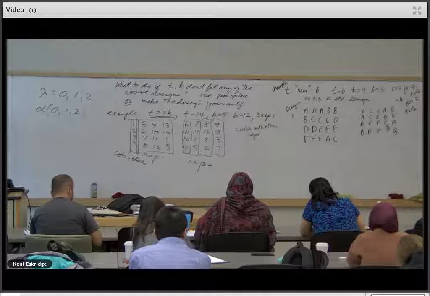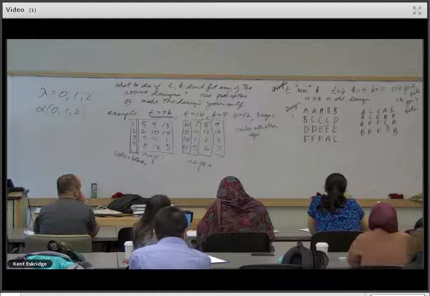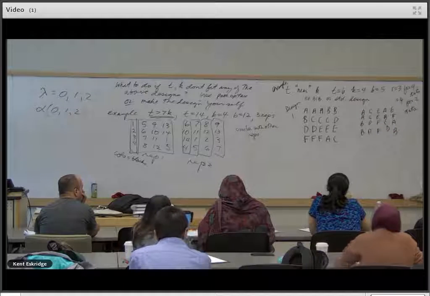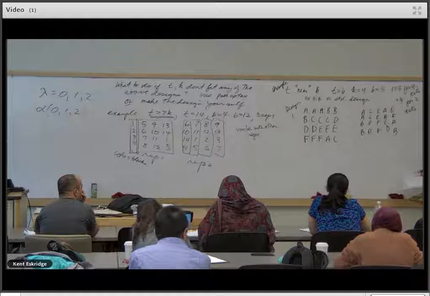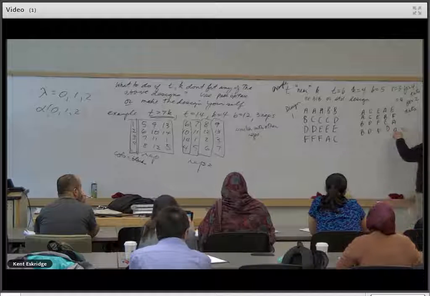Which treatment comparisons are being unfairly evaluated too precisely? A and D. A and B and C and D are going to be measured very precisely. Whereas some of these other treatment comparisons are never in a block together at once, right?